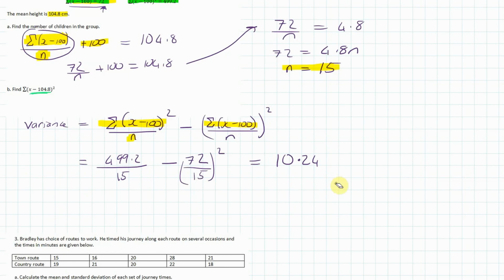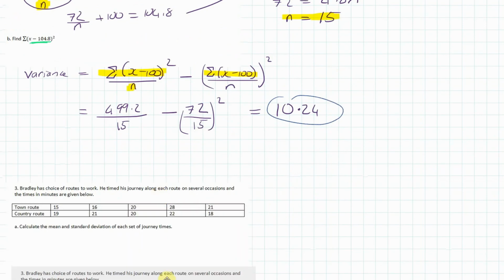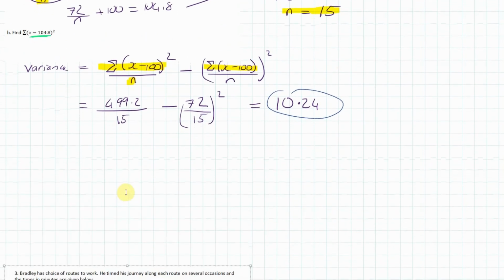So we know we can take this 10.24 that we've already got and use the new data, where we're taking away 104.8. We can put that into a variance formula. So variance of this data should be 10.24 as well.